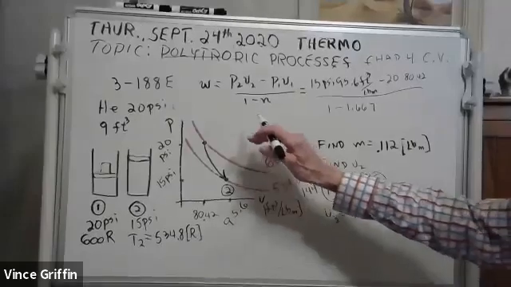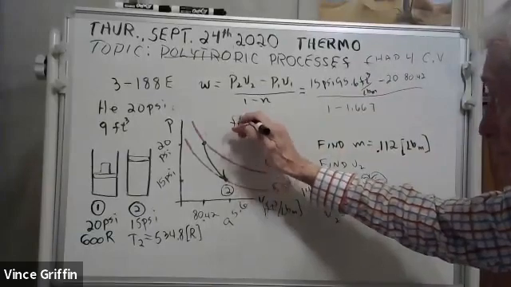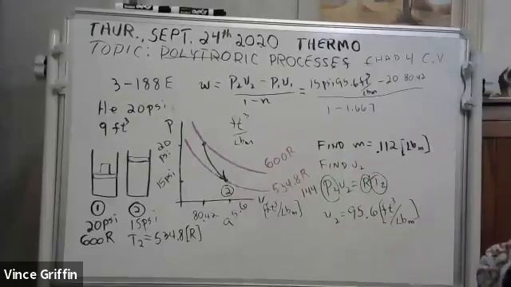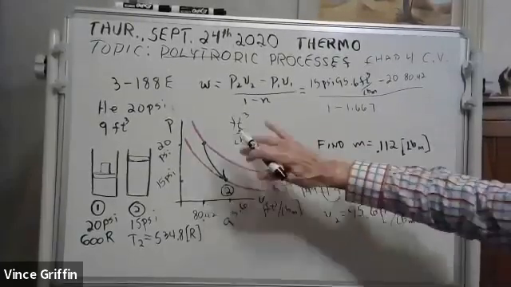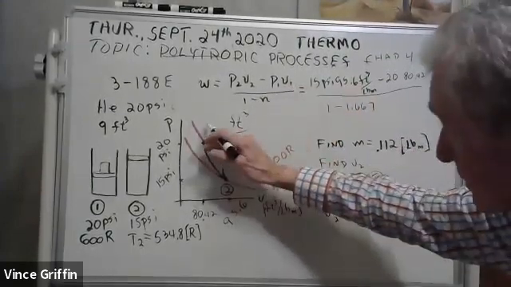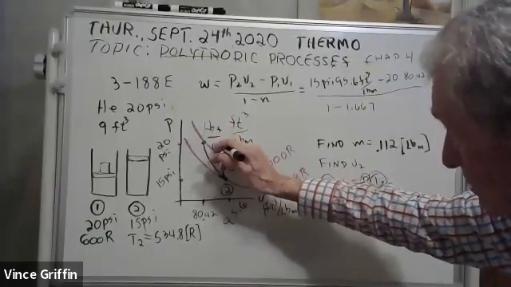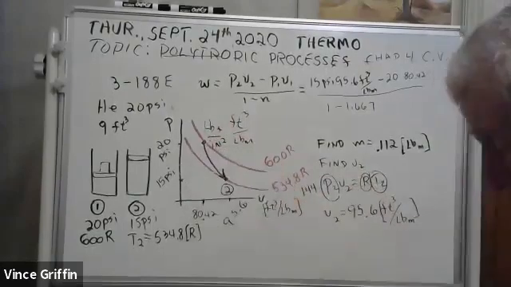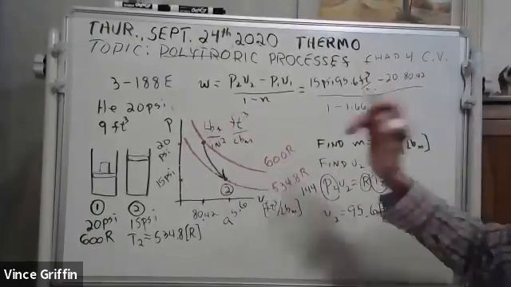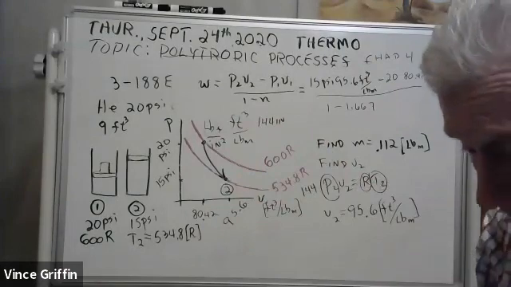Let me talk about these units. What we've got here is cubic feet per pound mass times PSI, which is a pound force per square inch. Now here's what we're going to do. We're going to multiply by 144. See, this is English.